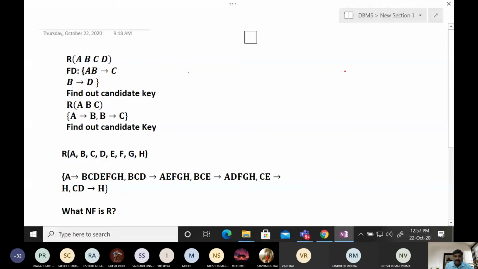For that, we will find the closure of A. The closure of A is associated with A, because A determines A. Then we will associate B with A, since the left-hand side is a subset of A, due to this FD.